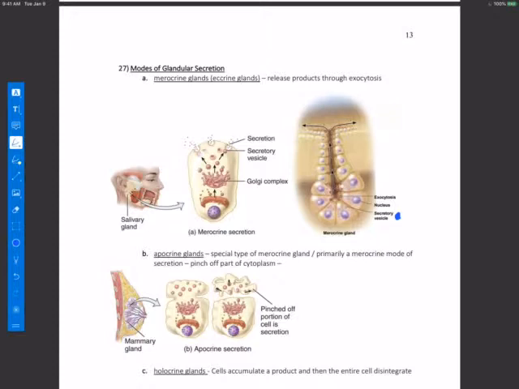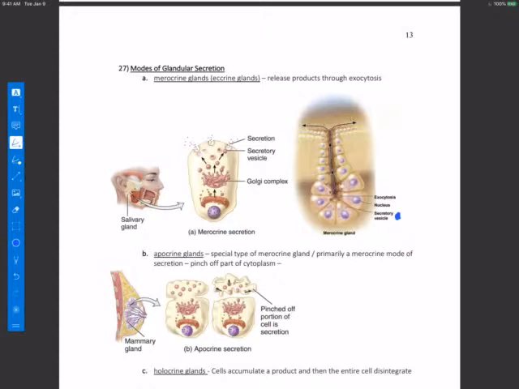A second mode of secretion for an exocrine gland would be the apocrine gland. This is a special type of merocrine gland because it pinches off a part of the cytoplasm. Some people classify this as a type of merocrine gland because it's very similar to the previous one.